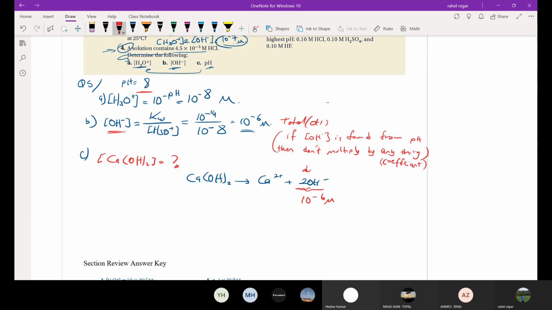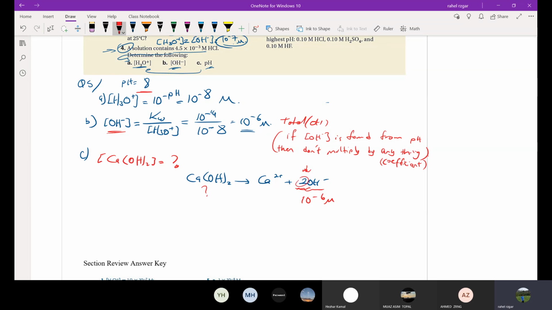All right. Now we'll do the same thing that we have done before, but in the opposite way. We have concentration of calcium hydroxide, and when we want to find concentration of OH, we multiplied it by 2. What if we have concentration of OH and want to find concentration of calcium hydroxide?